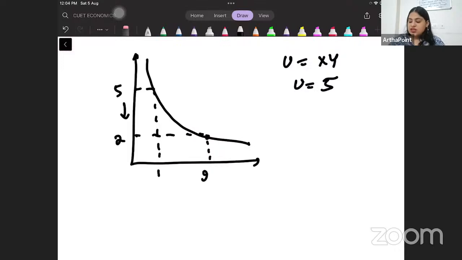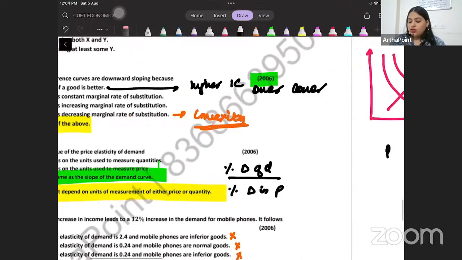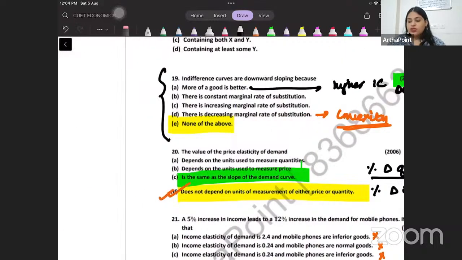So if this decreases and this increases, utility will be 5. So in order to hold utility constant, we are saying that when good 1 increases, I have to sacrifice good 2. Right? But I will not mark this option as the correct answer, that more of good is preferred. That just means that I want to be on as high IC as possible and reach my bliss. But I will not state it as the correct reason for why ICs are downward sloping.